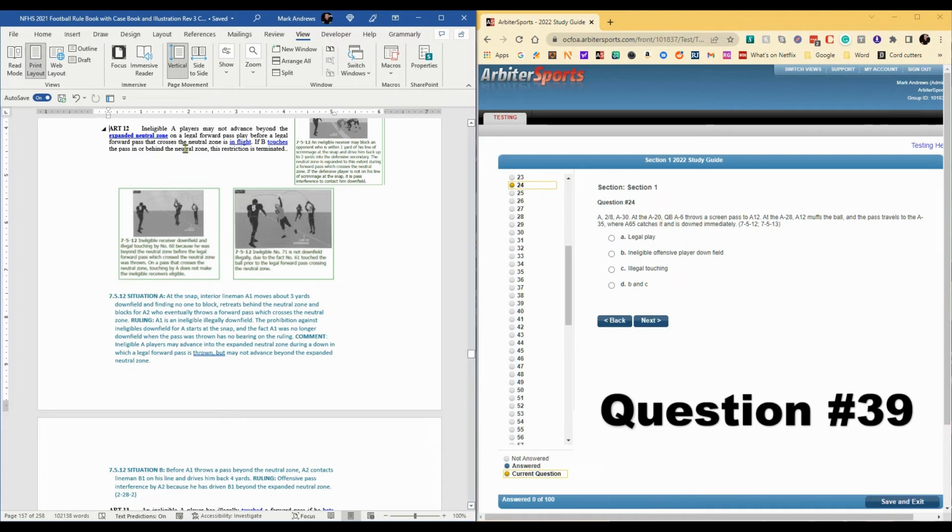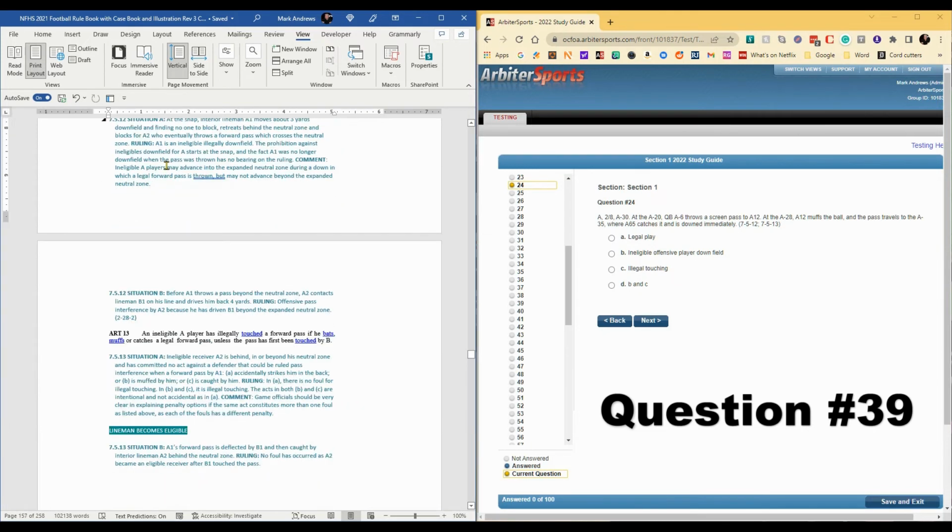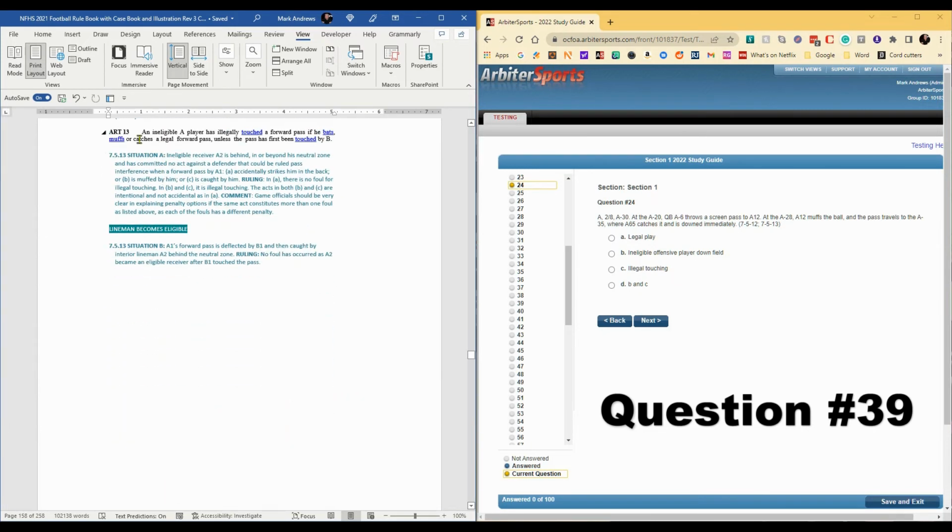So he's violated 7.5.12. 7.5.13 says an ineligible player has illegally touched a forward pass if he bats, muffs, or catches a legal forward pass unless the pass has been first touched by B. Again, this was touched by A. So we have two fouls here. We have the ineligible receiver, offensive player downfield, and illegal touching.